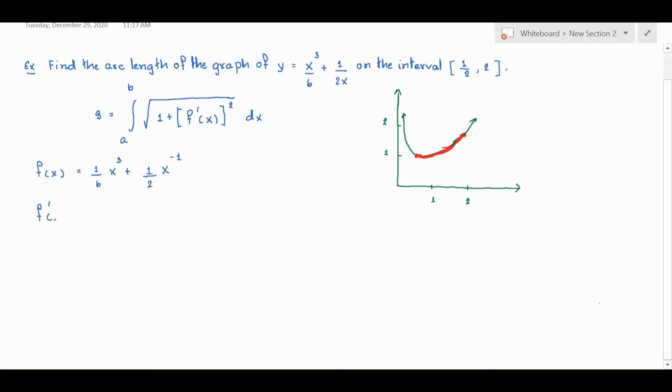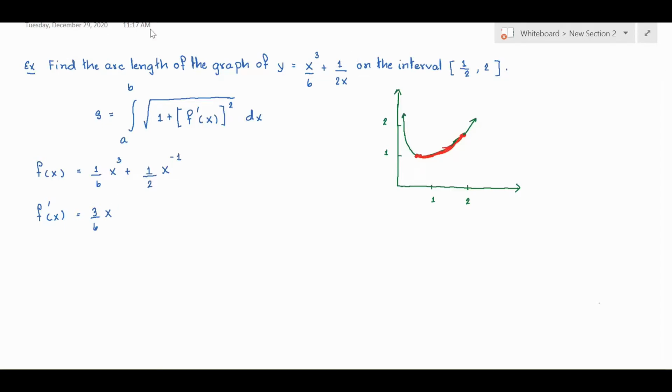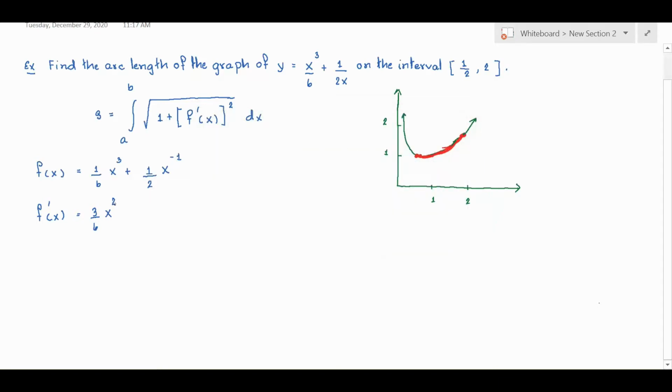So the derivative of f of x would be 3 over 6 x squared, minus 1 over 2, but you would have x squared on the denominator because negative 1 and negative 1 is negative 2.